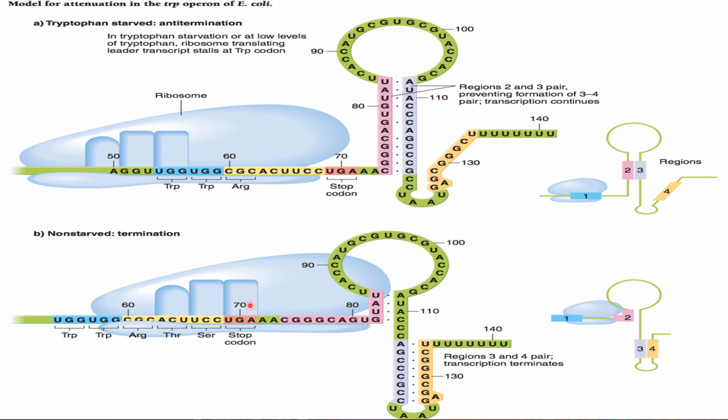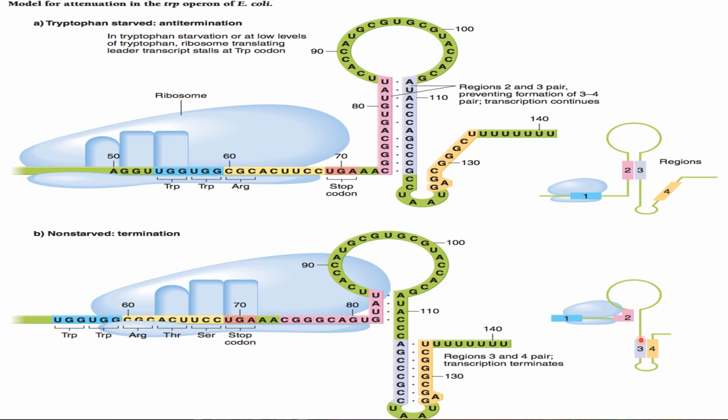Now if the tryptophan is available in abundant amount, then what will happen? When the ribosome reaches the tryptophan codon, there will be enough tryptophanyl tRNA for it. So the ribosome will carry out the translation process, and this is the stop codon. When the ribosome reaches here, the nascent polypeptide chain will be released, and now segment number 1 will bind to segment number 2.